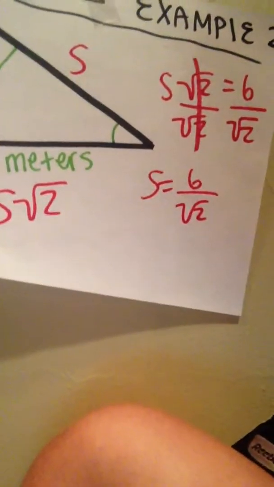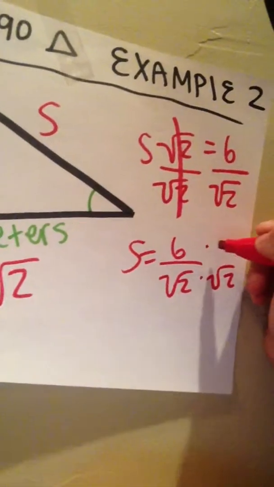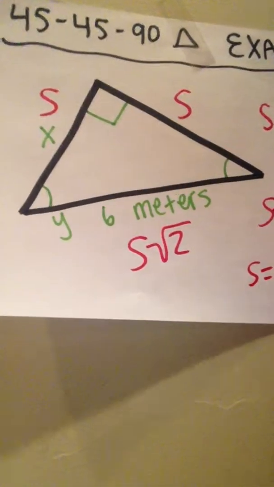And with that, you are going to multiply across, because you can't have a fraction with a square root on the bottom. So you're going to multiply across to cancel the square root out of the bottom. So root 2 times root 2 equals 2. So you're going to get s equals 6 times root 2 over 2.